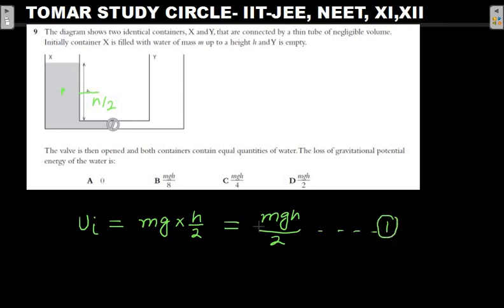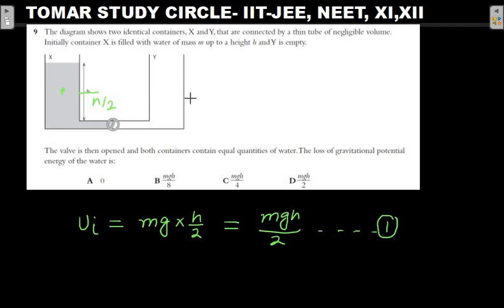When the valve is opened, the water flows from container X to container Y due to pressure difference, and in equilibrium, the level of water in both the containers becomes the same.